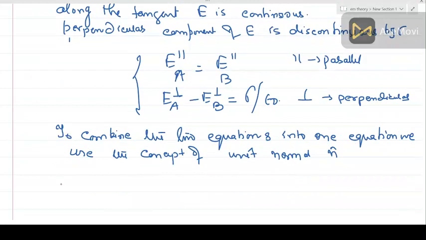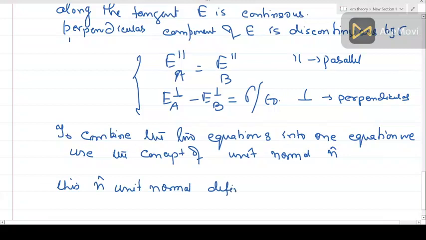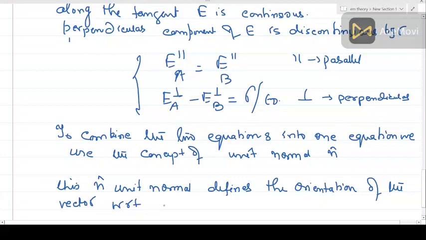This n cap, or unit normal, defines the orientation of the surface, the orientation of the vector, maybe it is electric field or magnetic field, with respect to the surface.